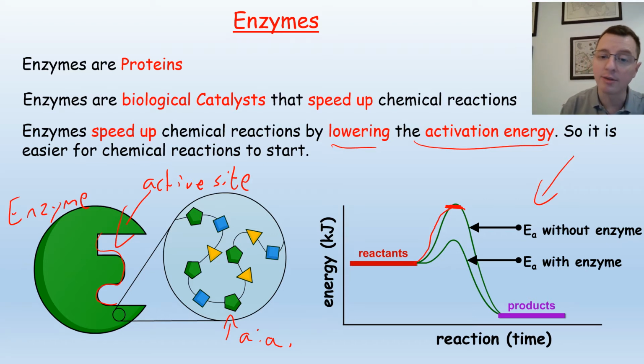If we have an enzyme present, we only need to add this much energy. There is a difference this much on this particular graph. So that means in terms of your body, in terms of cells and your temperature, which is 37 degrees inside your body, you can have the same chemical reactions happening but at a much lower temperature.